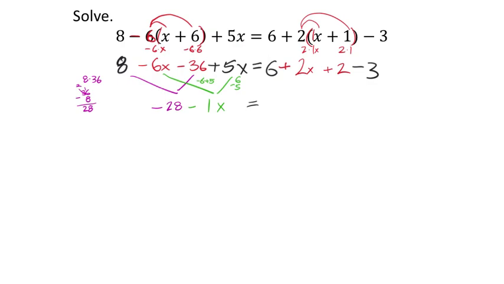On the right side, we have 3 constants, and that's okay. I've got a 6 plus 2 minus 3. So I would do 6 plus 2, which is 8, and then minus 3, which is 5. And then the positive 2x, it just drops.